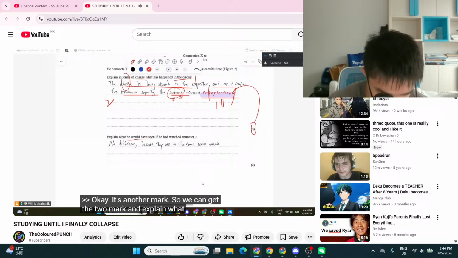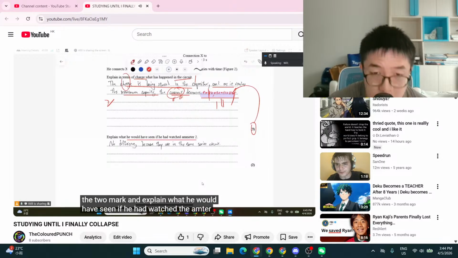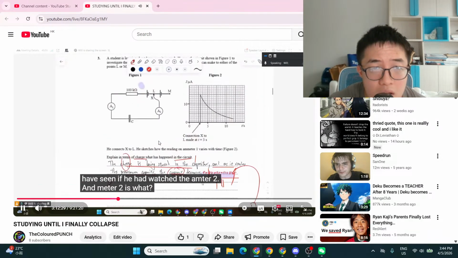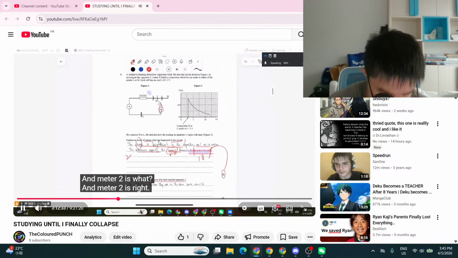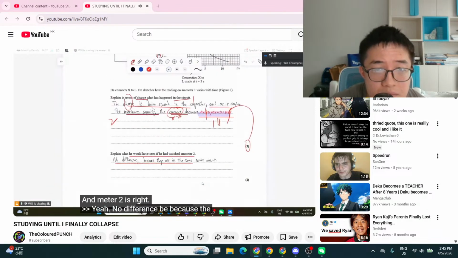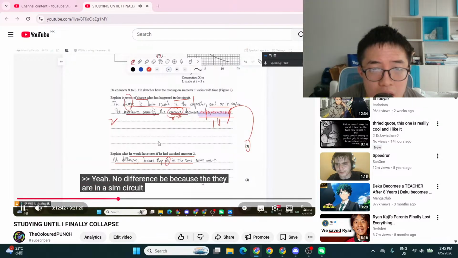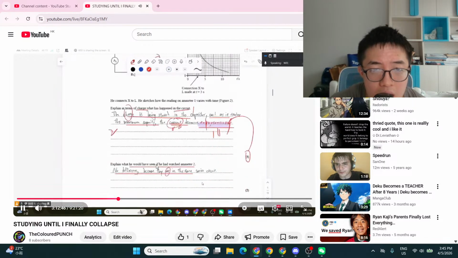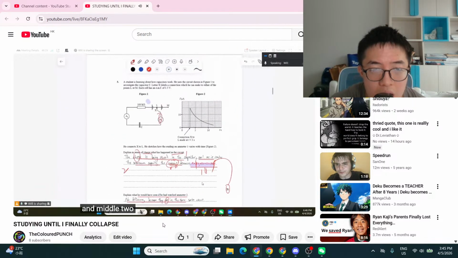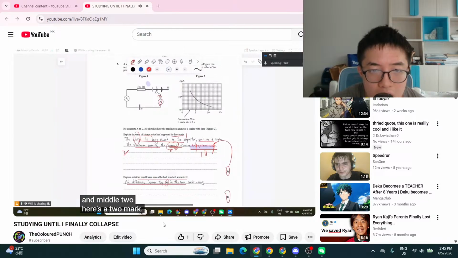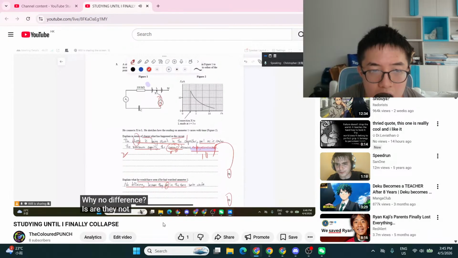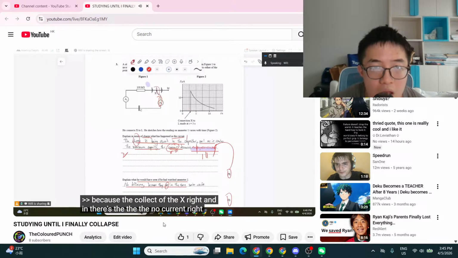And explain what we would have seen if he had watched ammeter 2. Ammeter 2 is what? No difference, because they are in the same circuit. Here's the 2 marks. Why no difference? Are they not in the same series? There's no current change, right?